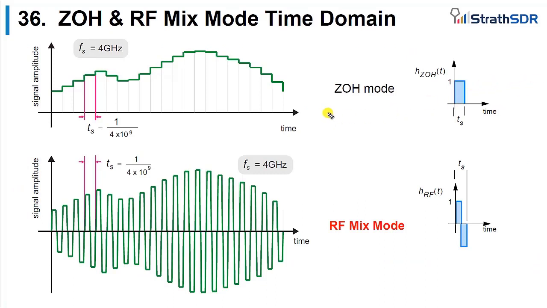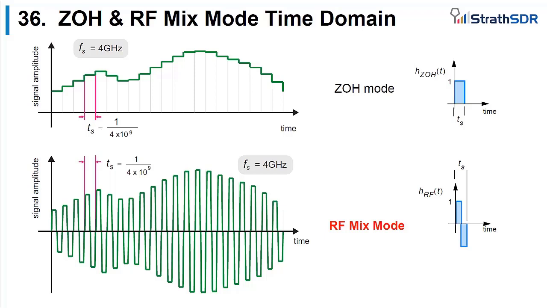So if we compare the time domain of the zero order hold and of the mix mode, the time domain was done with the standard zero order hold where each sample is held constant for one period. And we get the steps, and we saw how to address that. For the mix mode, again, that's an analog process, so it's done after the digital to analog conversion has been done.